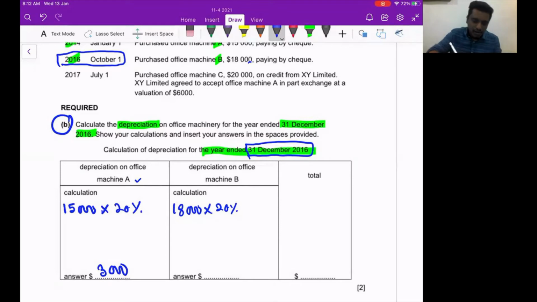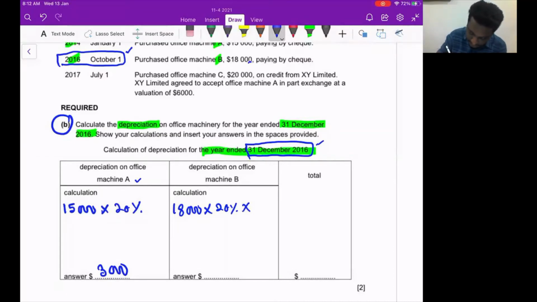No. I bought in October, and today's date is 31st December. So how long did I use the asset? Because this 20% is for 1 year. No, we use only October, November, December, only 3 months.